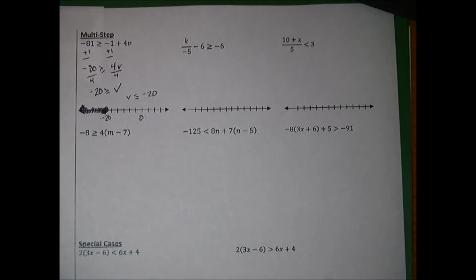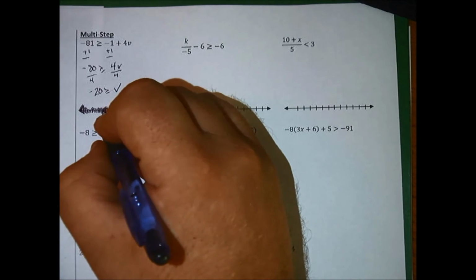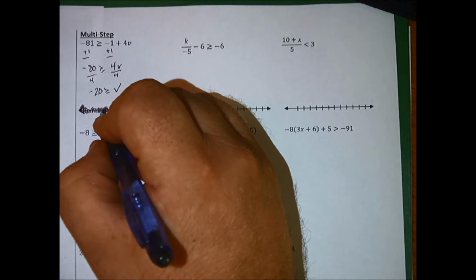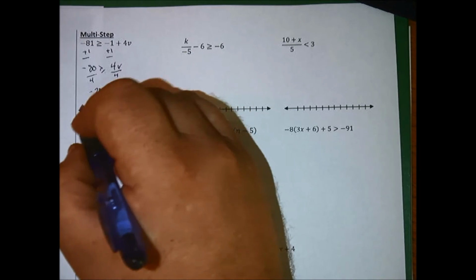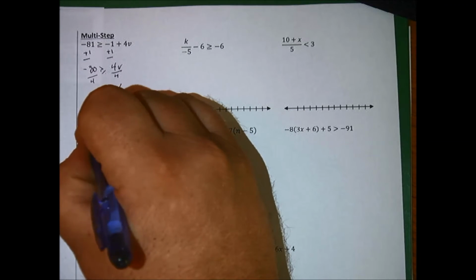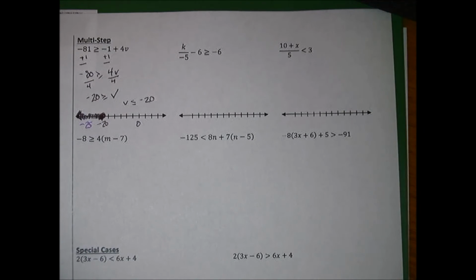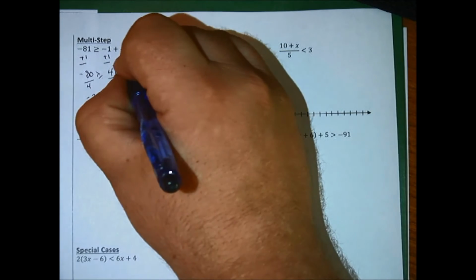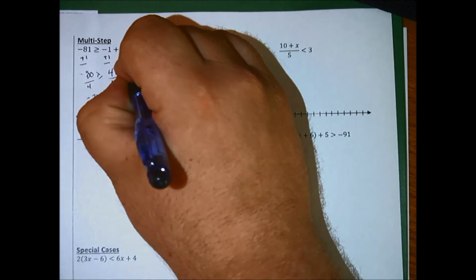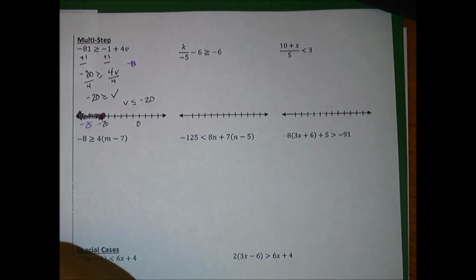So what I'm going to do now is plug in a number and check my solution here. I'll just pick any number. Let's see. I'm going to go with, oh geez, what do we want to do? Let's go negative 25. Okay, that lives over there. So let's check it. Might run out of room here, but we have negative 81.